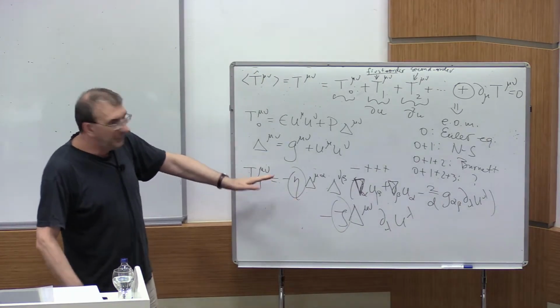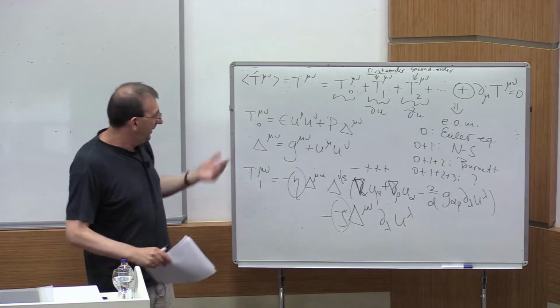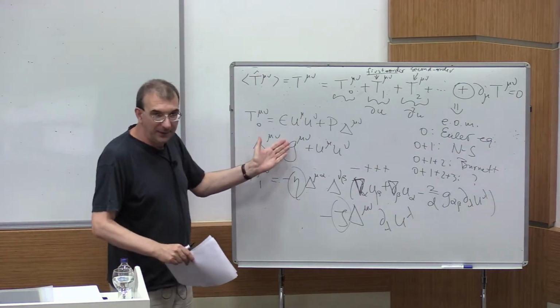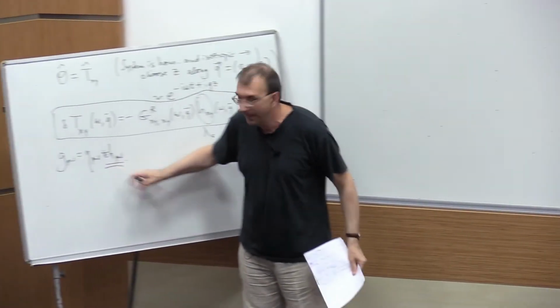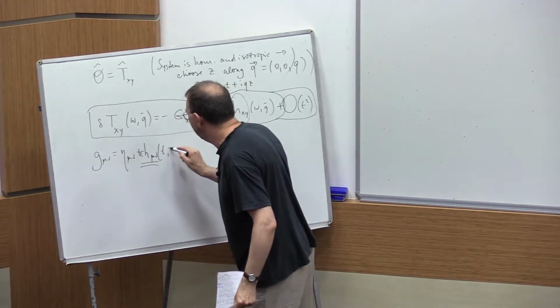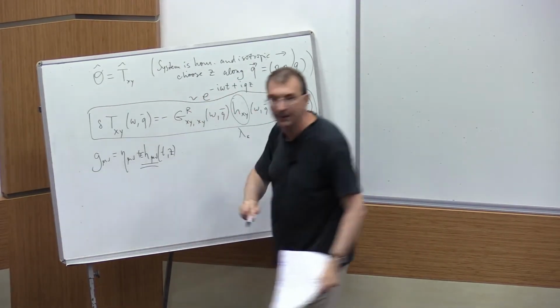So I can do a calculation by saying that my metric g mu nu here is exactly of this form. So it's Minkowski plus a small perturbation h mu nu, which depends on t and z, right, in this homogeneous environment.